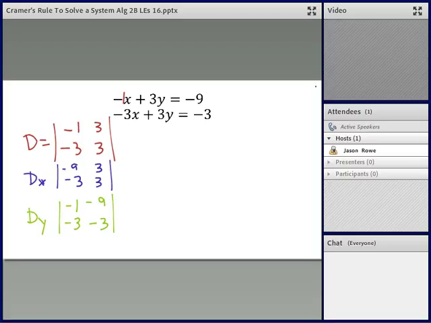Now we're going to find the determinant of each. Remember, down: -1 times 3 is -3, minus the up: -3 times 3 is -9. Using our rules for subtraction, that's going to give me 6.